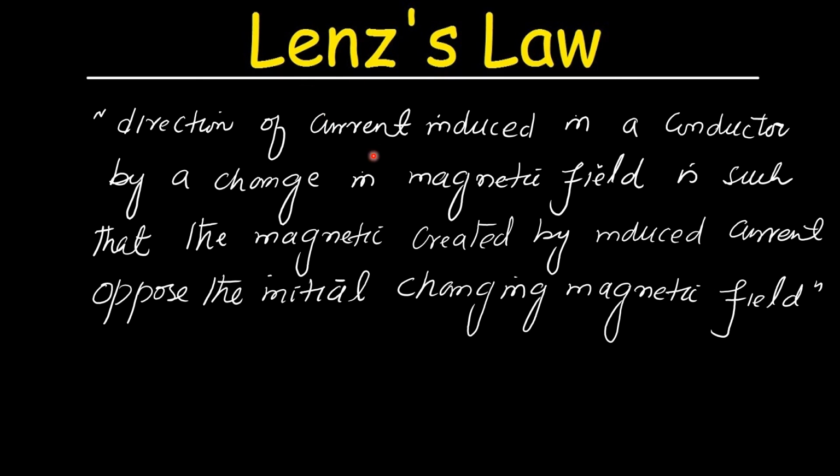This induced current will also produce its own magnetic field. So the direction of the induced current will always change with the initial magnet, which is moving toward or away from the coil.